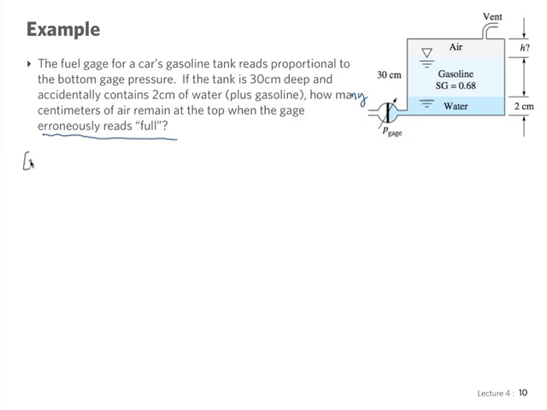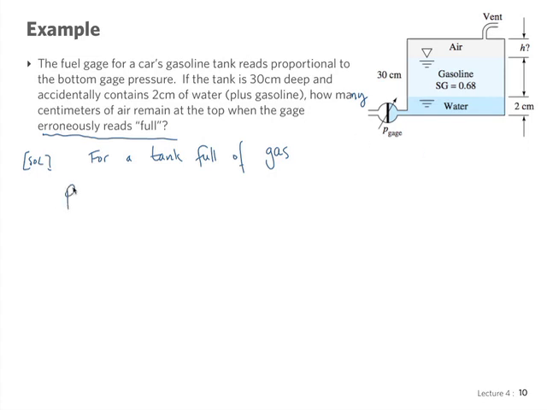So, what's our solution? If the tank were full of gasoline first, what would be the pressure? We would have 30 centimeters, that would be the column of gas, right? The whole tank full of gas.